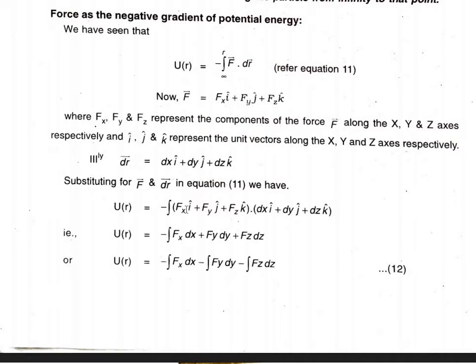So Fx i dot dx i: i dot i is 1, i dot j is 0, i dot k is also 0. When we do the dot product between these two vectors, you will get Fx dx plus Fy dy plus Fz dz. All other terms vanish, that is the i dot j, i dot k and j dot k terms.